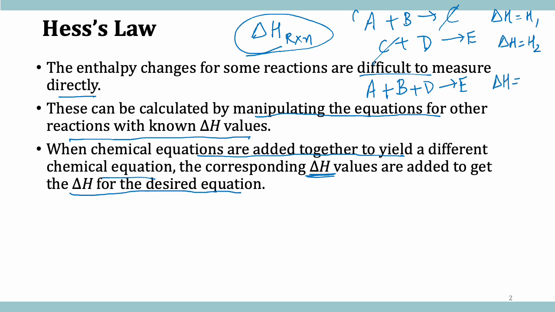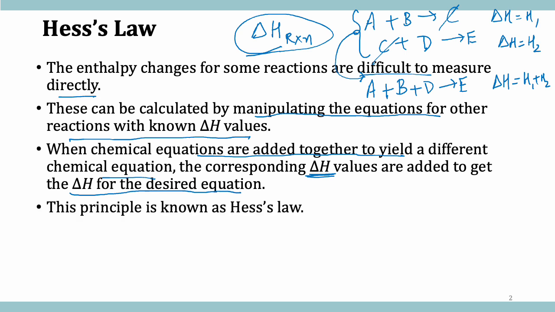I added the top two reactions to get this, which means the delta H for the bottom reaction is also the sum of the top two reactions, H1 plus H2. That is called manipulating two different reactions to find delta H for a desired equation, and this is known as Hess's law.